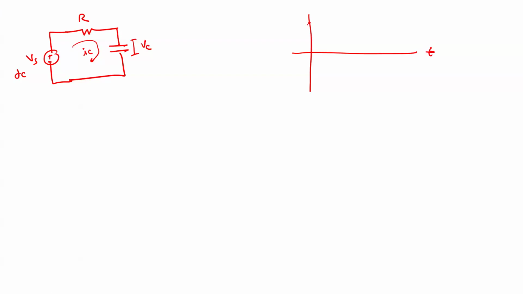In the beginning, I can see there is a current IC, then the current will go to 0. If you look at the voltage across the capacitor, VC, you find the voltage increases, and then it's going to be fixed, equal to VS. This way.